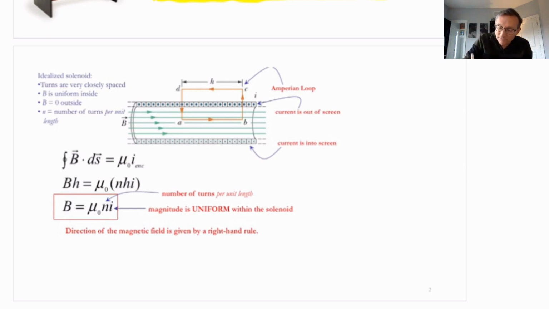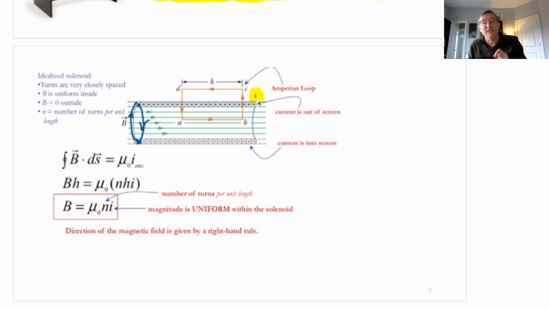In each turn, the current goes away from us into the screen at the bottom, up the circular arc at the back, out of the screen towards us at the top, and then down at the circle in the front. And you've got a whole bunch of these turns, these windings, these circles, and they're all stacked side by side, moving down the solenoid. And each winding carries the same current, I.